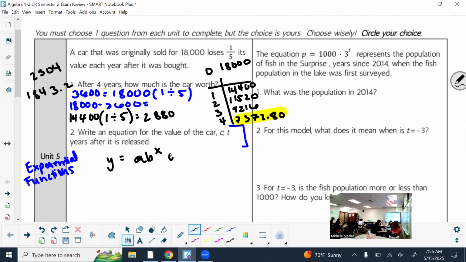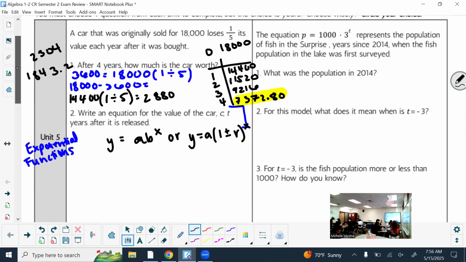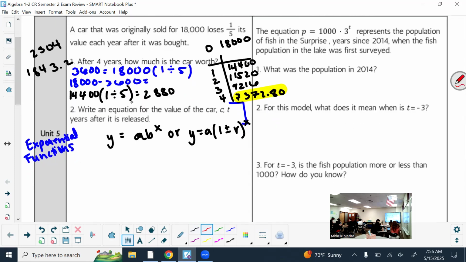We also will express it like this when we have a percentage that it's growing or decaying by, like in this problem. But in these setups, A means the same thing. What does A stand for? Initial amount.